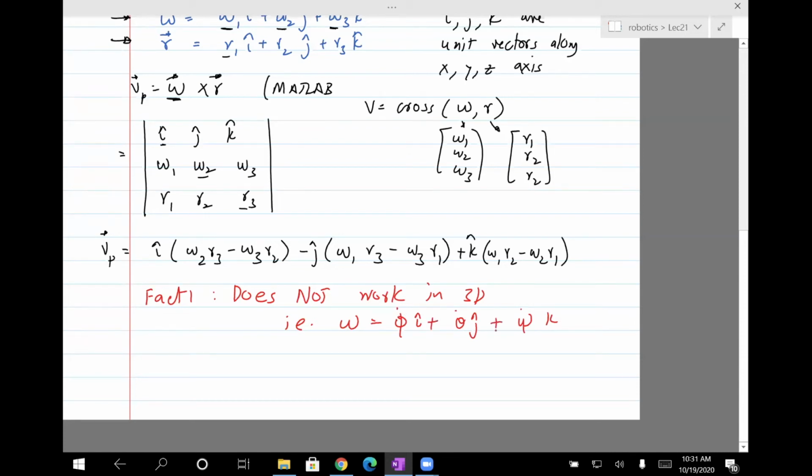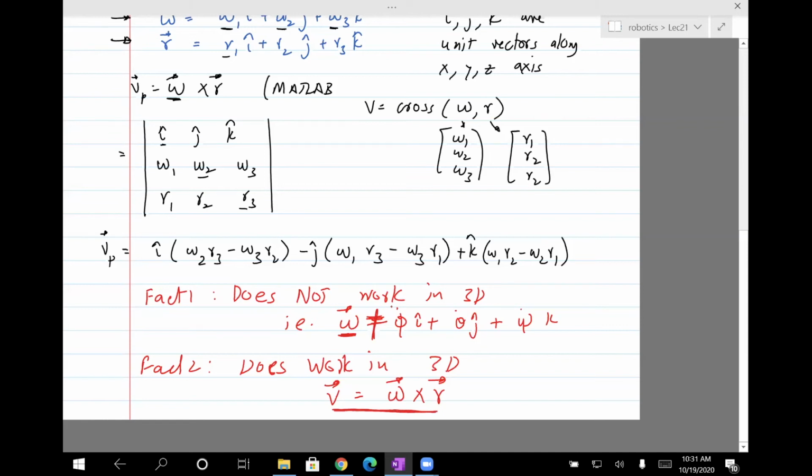You would think that's true. That's simply not true. This is not correct. However, fact 2 does work in 3D. In other words, if you write the velocity of any point, that's omega cross r. Okay, so we do not know what omega is in 3D because that formula doesn't quite translate to 3D, but we do know that the velocity formula does translate.